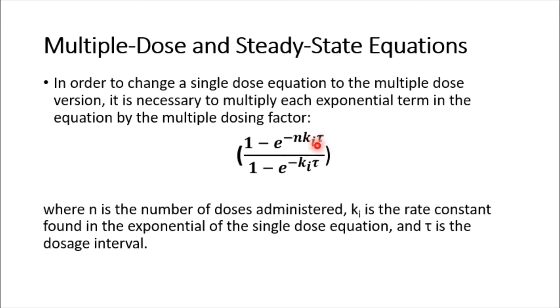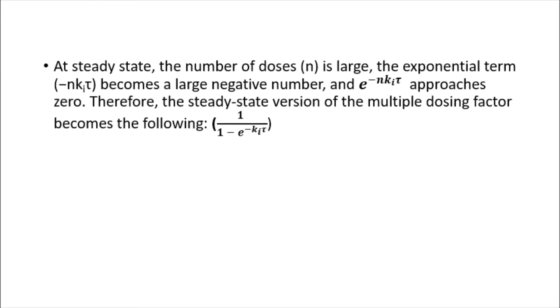The same applies on the other side of the equation. At steady state, the number of doses, n, is large. The exponential term, minus n k tau, becomes a large negative number, and this value approaches 0.